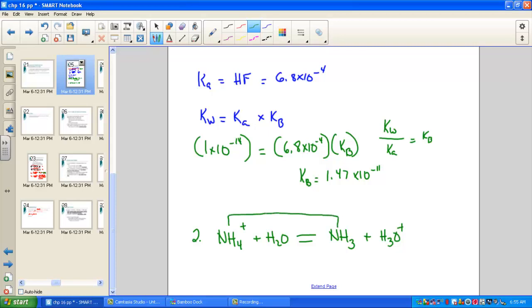So the conjugate pairing, ammonium acting as an acid, forming its conjugate base, ammonia. Water we'd see is acting as a base. It formed its conjugate acid, hydronium. Very clearly this would have a Ka because it produced the acid ion. This is an acid dissociation equation.